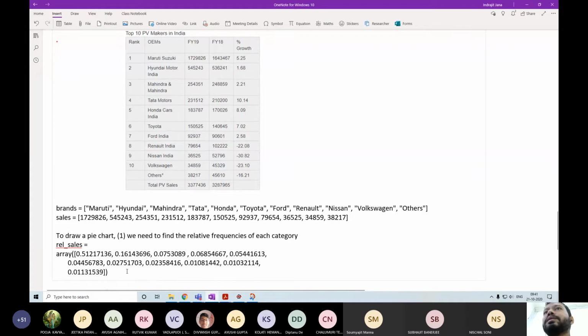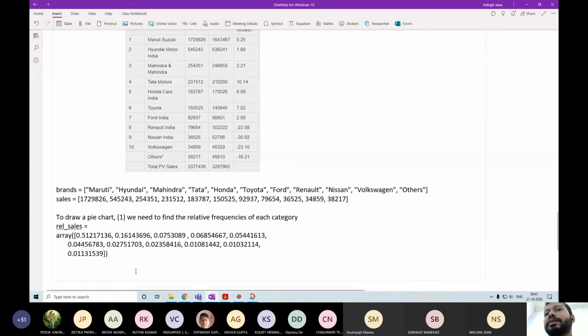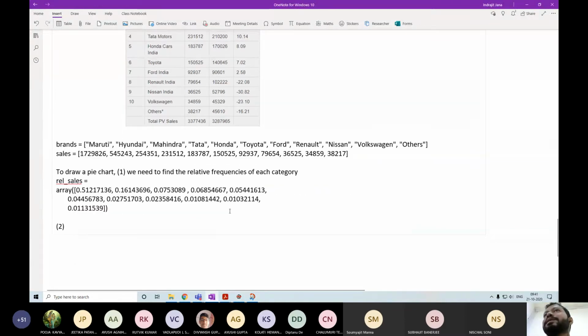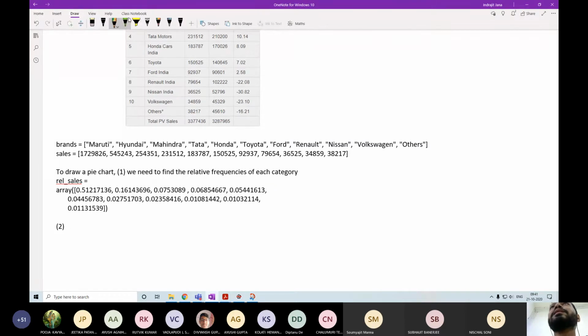Okay. Now, what we need to do in the second step. Basically, what is a pie chart? I think we have already seen this in news and many other places before. But essentially, you draw a circle, and you assign a slice to each different brand, and the size of the slice is proportional to this relative frequency.